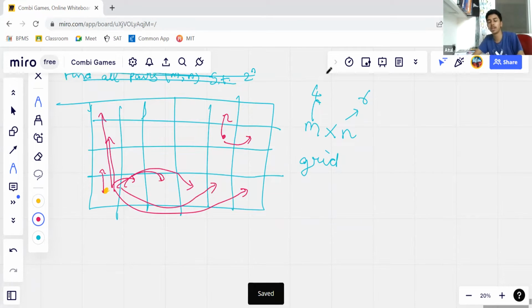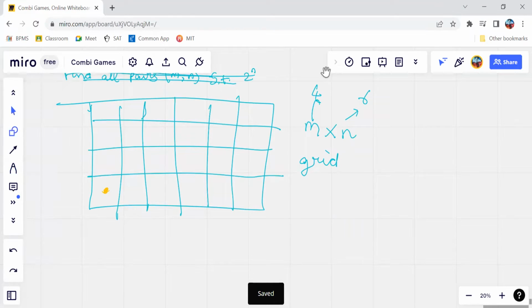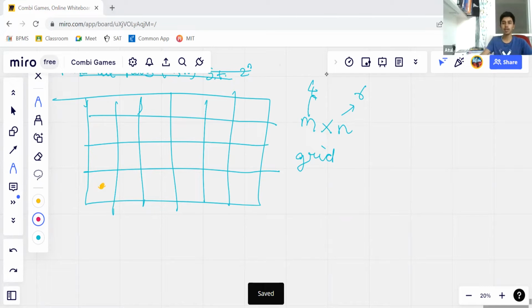Does that make sense? And the aim of the game is to reach the top right corner. The person who reaches the top right wins, yes.